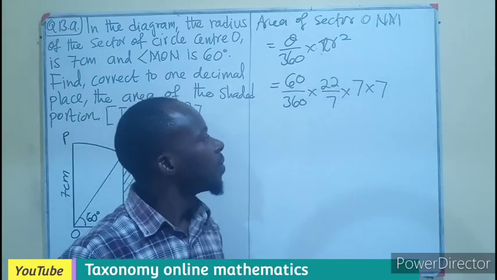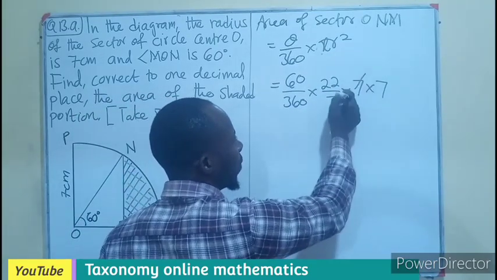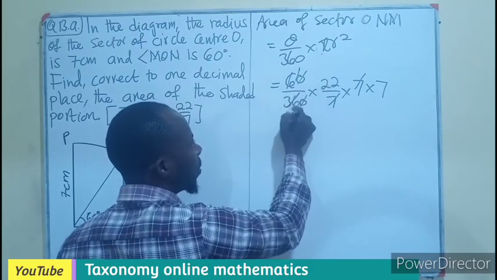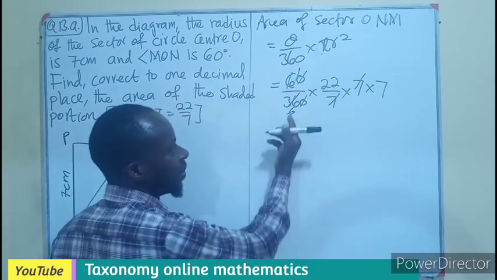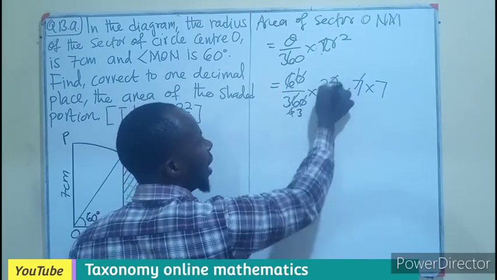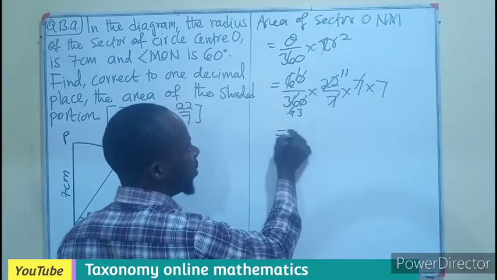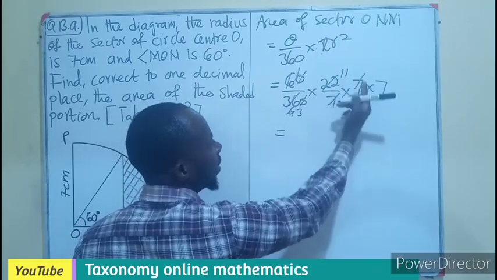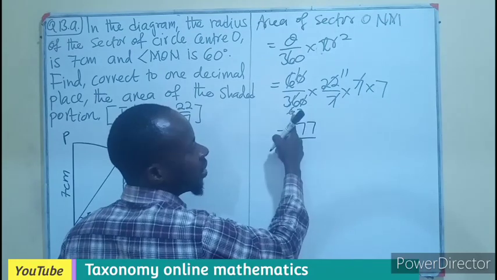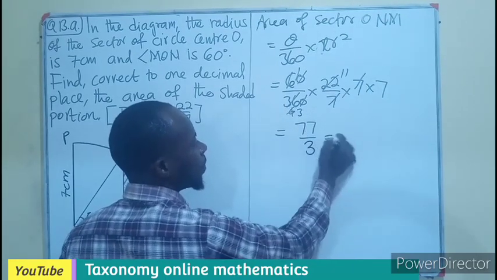This 7 will cancel this 7, leaving 1 and 1, and 6. And 6 and 22 have a common factor, so I have 3 and 11. So this becomes 1 times 11 times 1 times 7, which is 77, over 3.